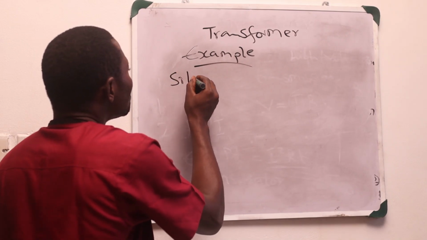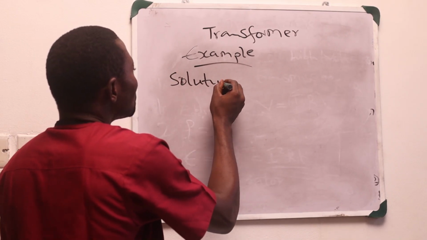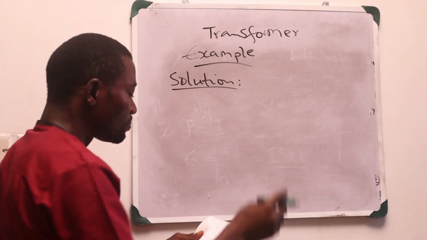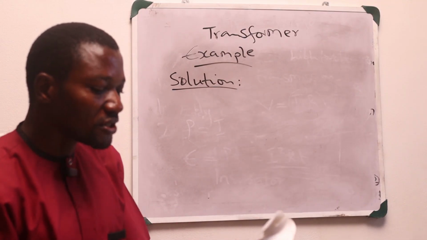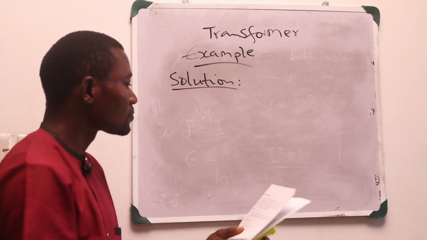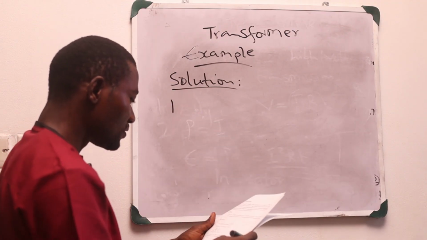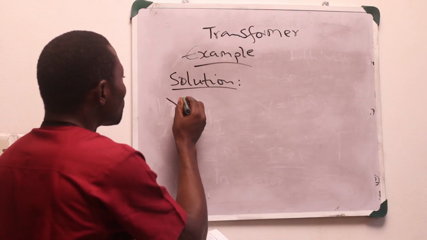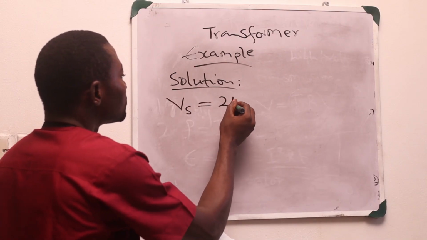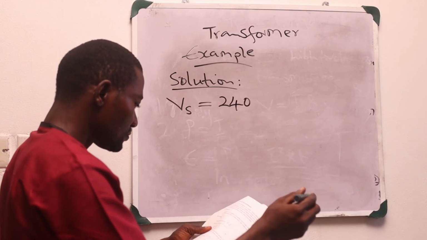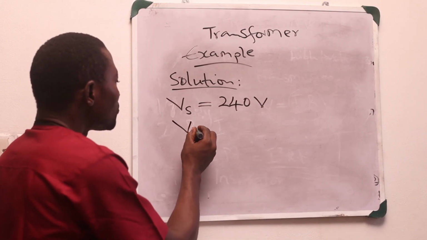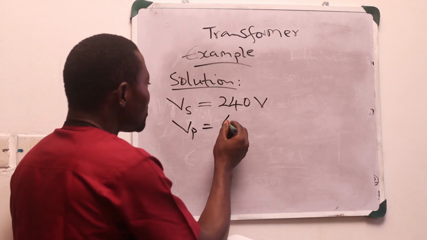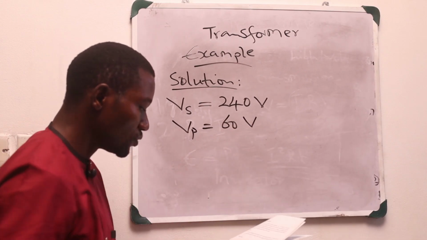So, to approach a question like this, we look at the given parameters. We know the voltage at the primary coil. We are given Vp to be 240 volts, Vs to be 60 volts.